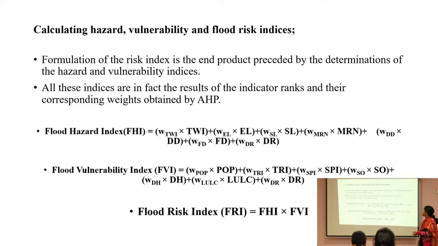Okay. So, that weight index into TWI, by this formula all the parameters, elevation, slope, then your MRN and the drainage density, then your distance to road, like different parameters are given here, LULC, population, TRI, terrain rugged index, then your slope power index, soil, some like parameters are given here.